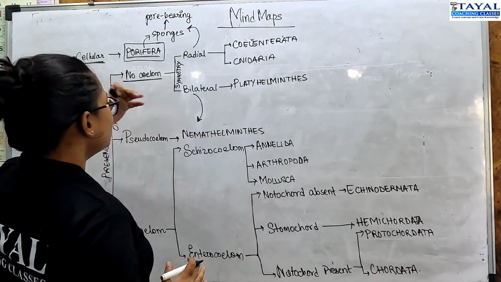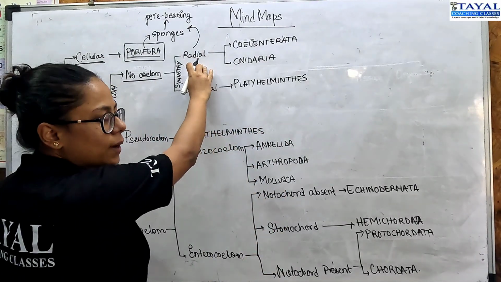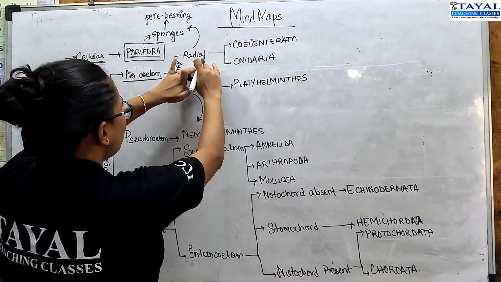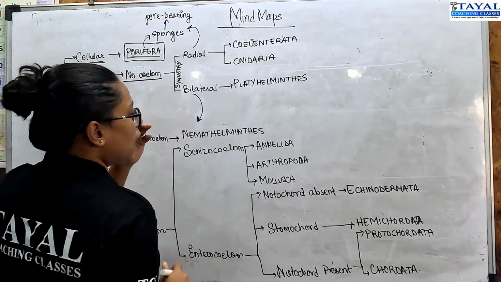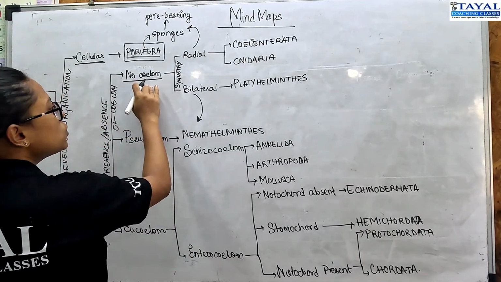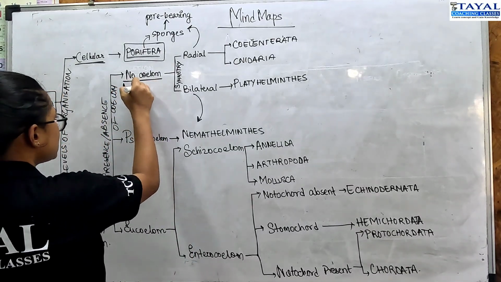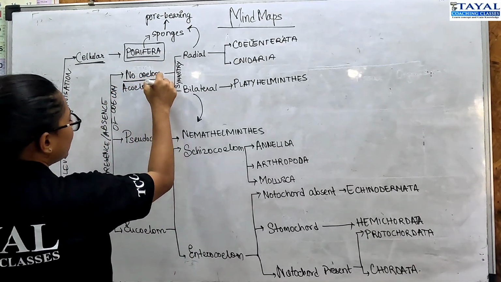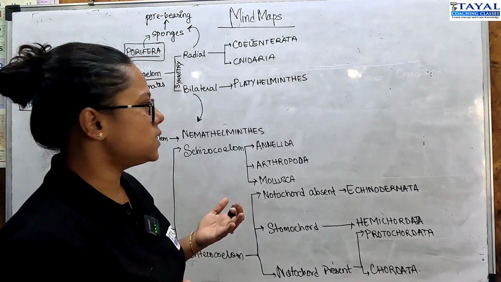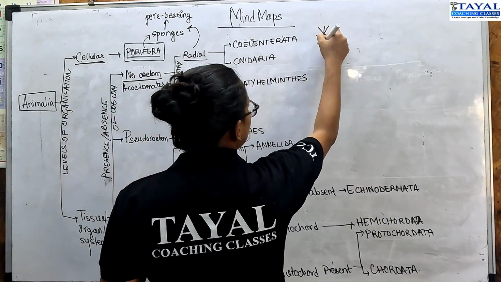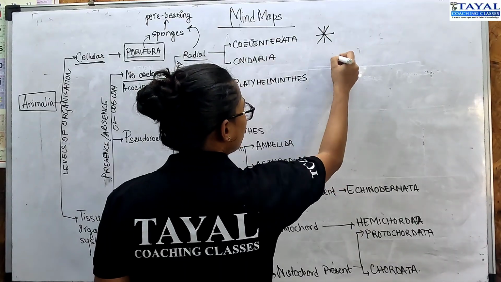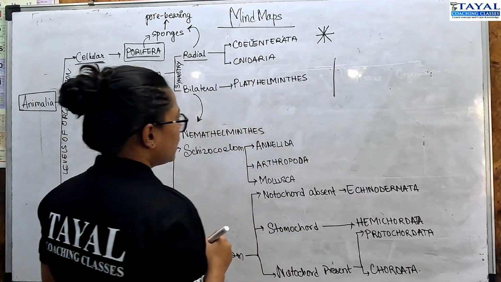So we will consider that when we are introducing one basis of classification, everyone before has the lower level and everyone coming next has the higher level, right? So the acoelomates were classified on the basis of body symmetry into radial body symmetry, that is symmetry in any axis, and bilateral body symmetry, right?